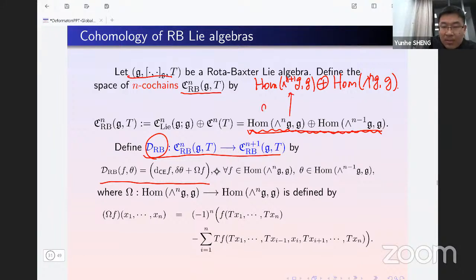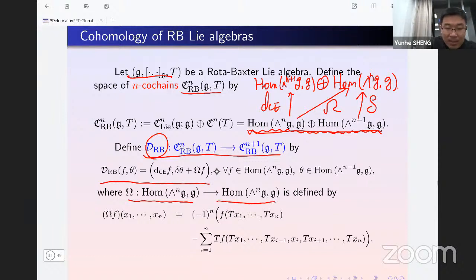Here, it is the classical Chevalley-Eilenberg coboundary operator, and here is the coboundary operator delta induced by the Rota-Baxter operator T, and more importantly, there is an extra term, which we denote by omega. So omega is from Hom(wedge n g, g) to Hom(wedge n g, g).